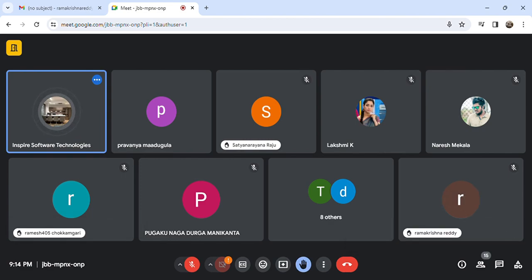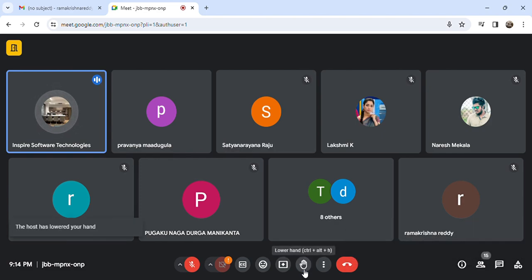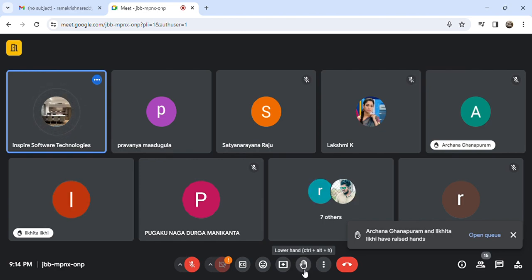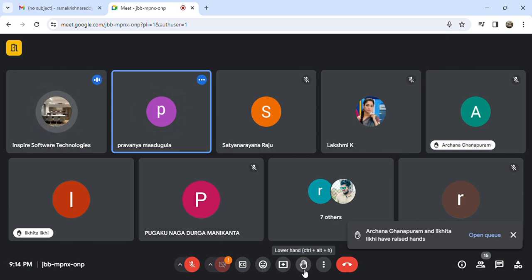Only 3. Okay, I'm lowering the hands. How many are saying the transmitter will send the recessive bit in the acknowledgement slot, not the delimiter? Okay, 3 and 2. Remaining 10 people, 9 people.